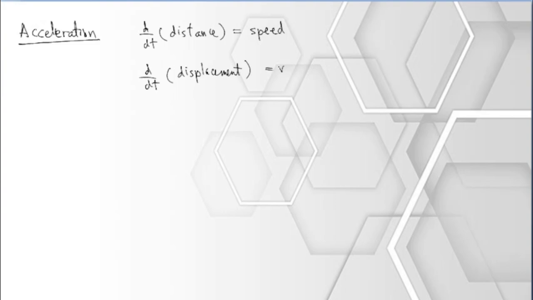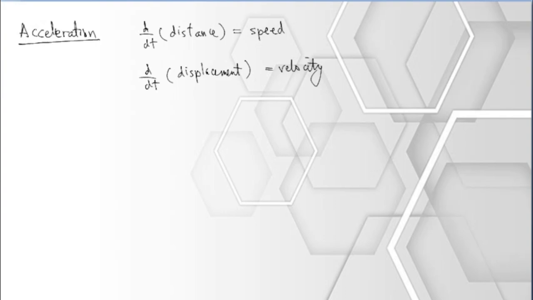So just as we had mentioned that rate of change of distance equals speed, and rate of change of displacement equals velocity, right?